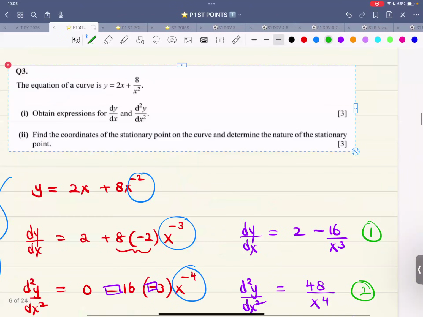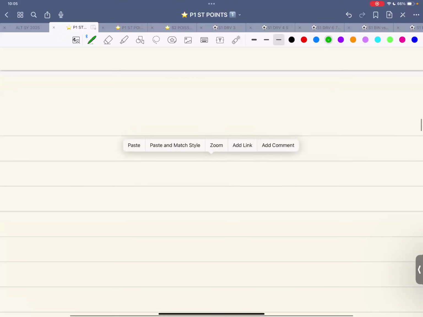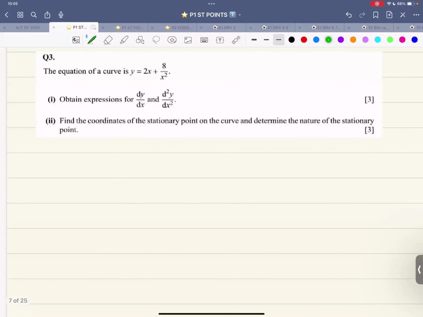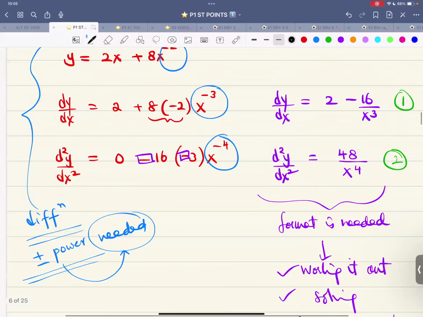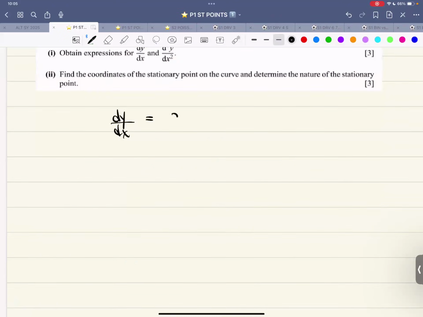Now, the coordinates of the stationary point. So let me take it to the next page. And over here, we have dy by dx. Let's make it equal to 0. So dy by dx is 2 minus 16 over x cubed.